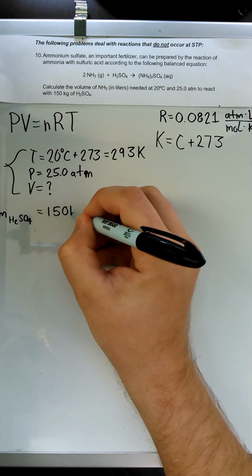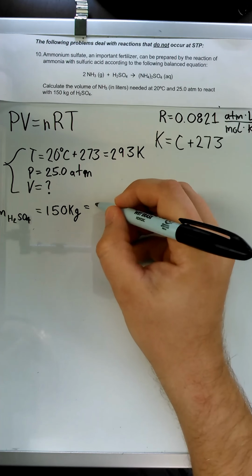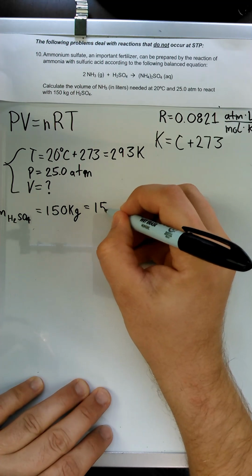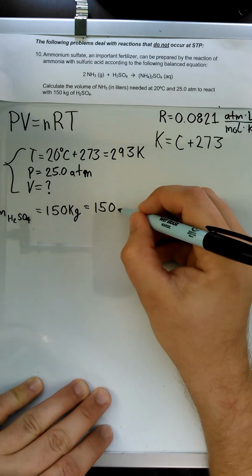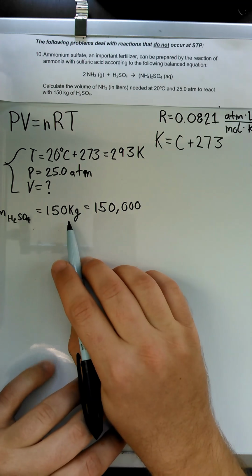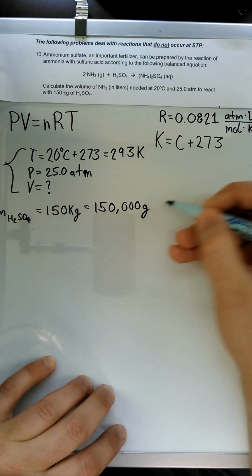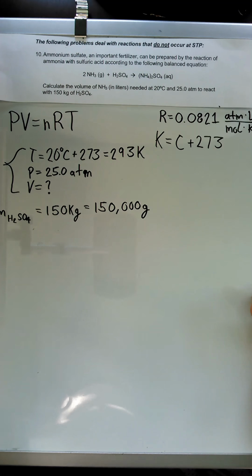Notice units of kilograms, very important. In chemistry, we need to be in grams. In physics, we might deal with kilograms as our base unit. In chemistry, we convert to grams. Remember, there's 1,000 grams in 1 kilogram. So we multiply by 1,000 to get 150,000 grams of sulfuric acid.